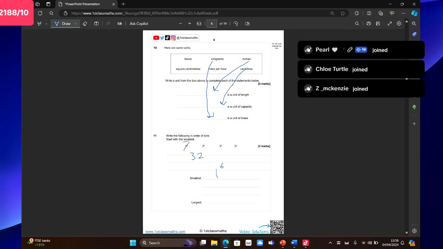The next one's 3 cubed, which is 3 times 3 times 3, which is 27. And then 5 squared, which is 5 times 5, which is 25. So the order is 1 to the power of 6, then 5 squared, then 3 cubed, then 2 to the power of 5. Okay, and that is my final answer.